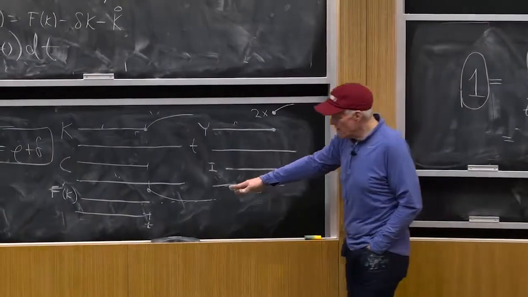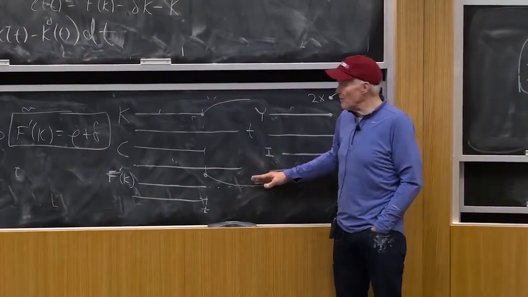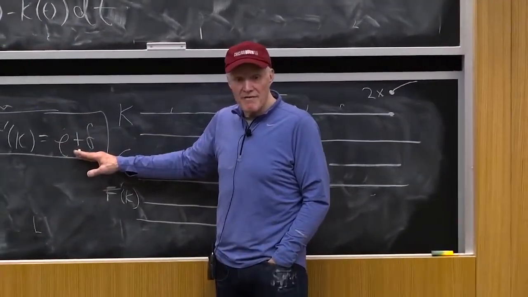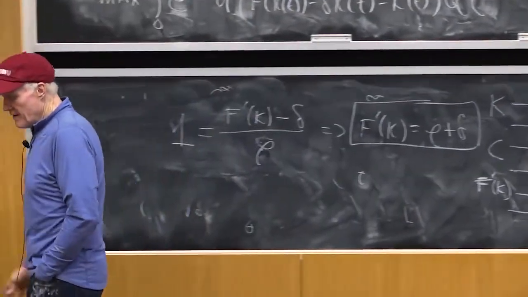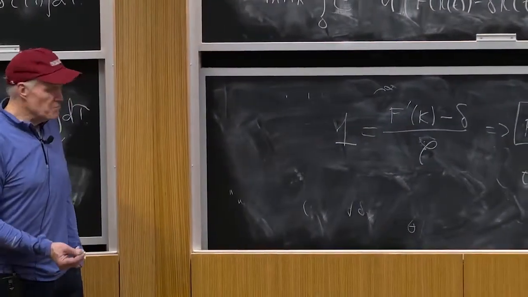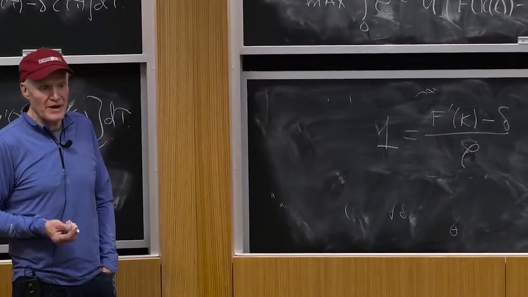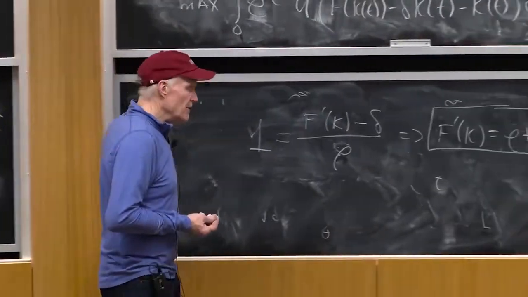Because if the return on capital goes up, we just keep investing and investing until the return to capital comes back down to rho plus delta. We have a perfectly elastic supply of capital in the long run. In the very short run, of course, we have a perfectly inelastic supply of capital. Capital is fixed: whatever K was yesterday is the same K we have to start today. Okay?